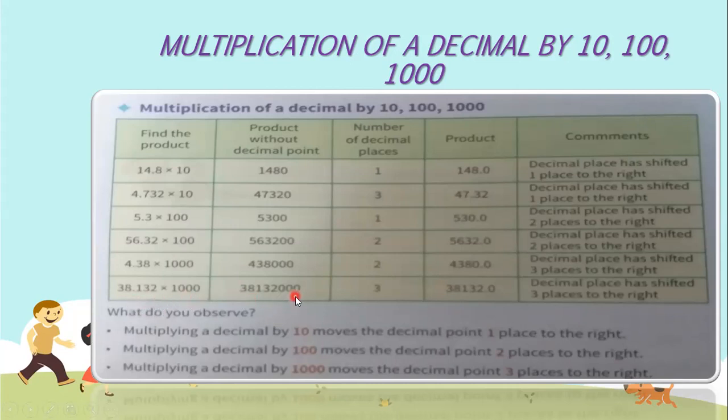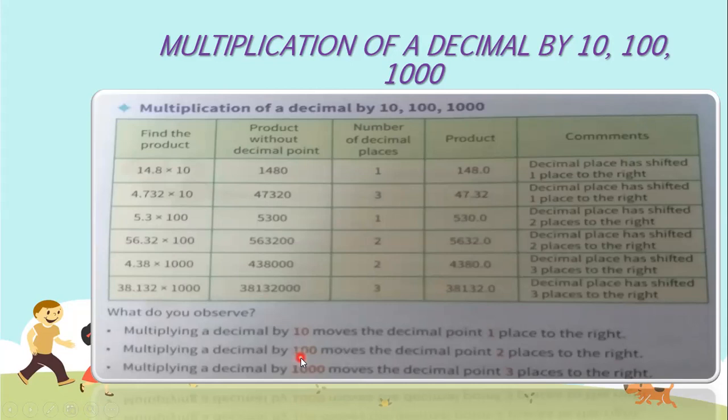Without the decimal point, if you multiply, you will get 3,81,32,000. Here, if you see, 3 decimal places are there. So now, from the right side, before 3 places, you will get 38,132.0.